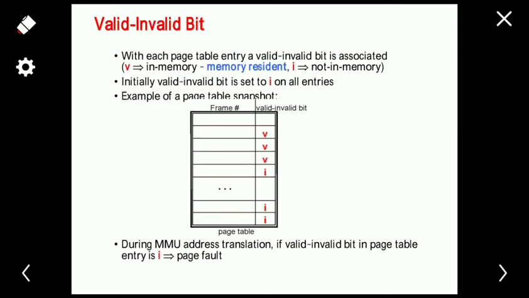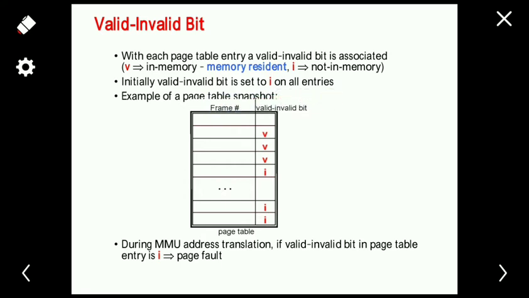So next one, valid or invalid bit. With each page table entry, a valid-invalid bit is associated. Valid means the page is present in the main memory. If it is invalid, then it is not in memory. Initially the valid-invalid bit is set to I on all entries.